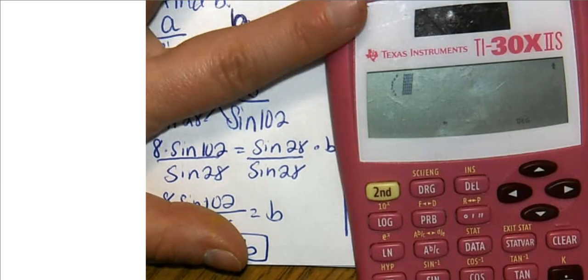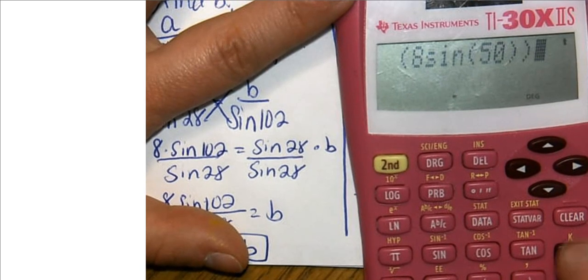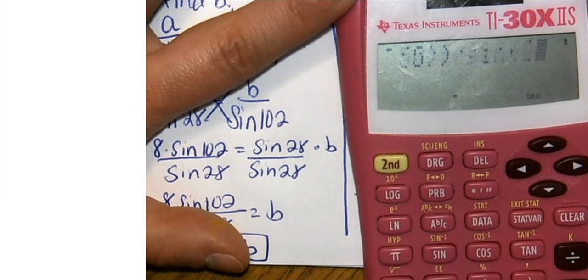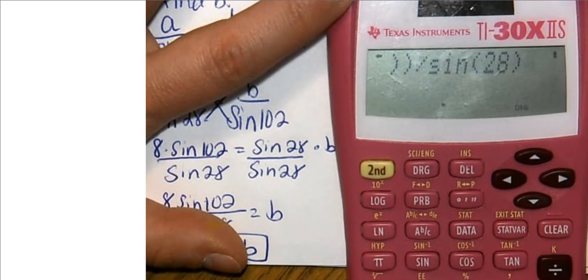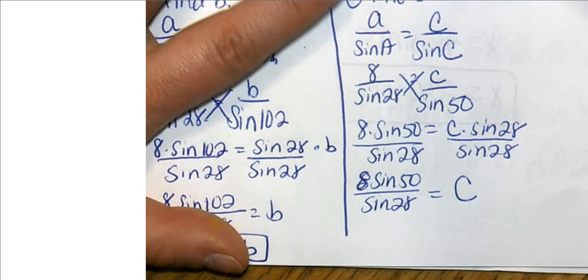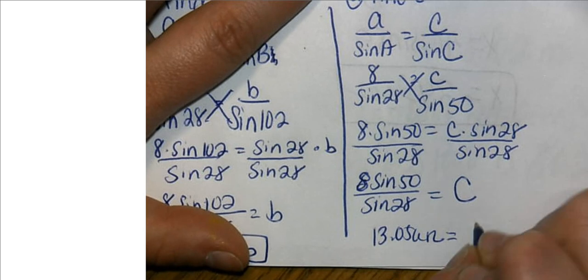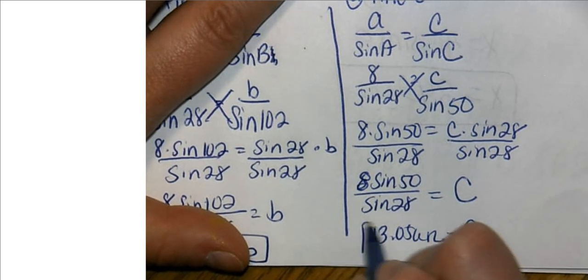So I have 8 times the sine of 50 divided by the sine of 28. And when I put that into my calculator, I end up with 13.05. So 13.05 units is equal to little c.